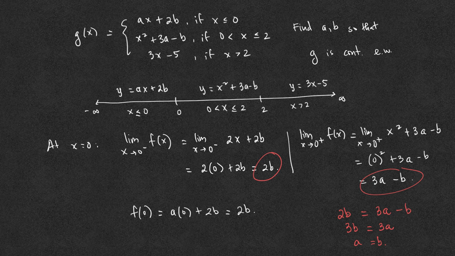And so we have the condition that a equals b, which is an equation in two unknowns, a and b. To come up with another equation so that we can solve the system of two unknowns, a and b, we will check continuity at x equals 2.